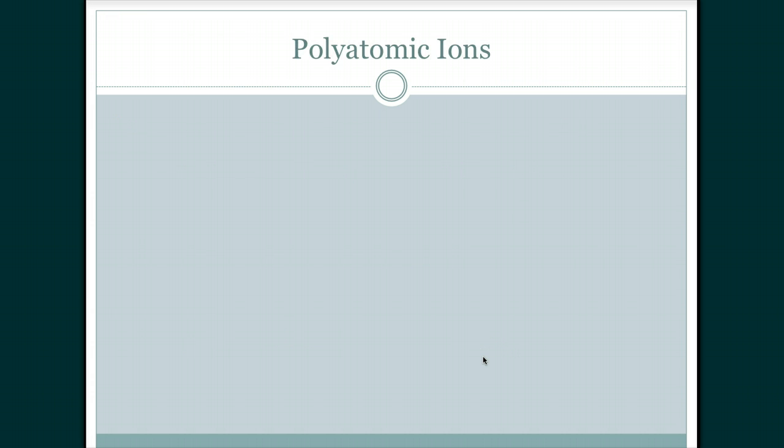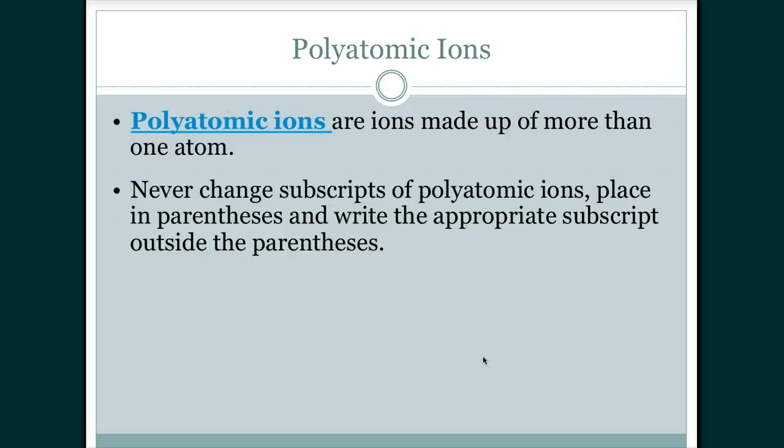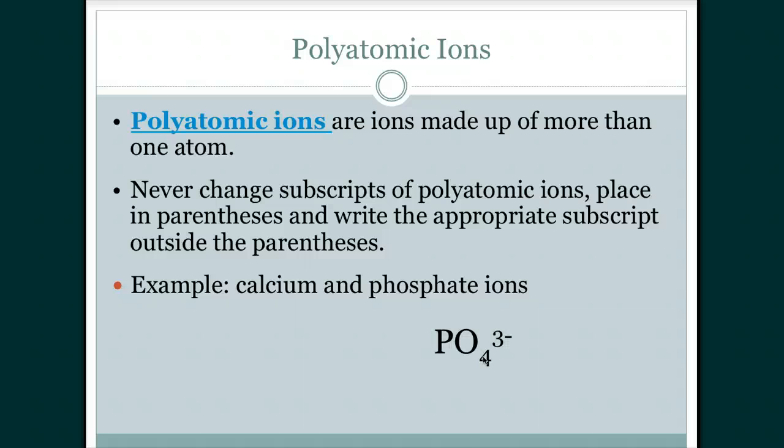If we have polyatomic ions, we have 2 ions, and one of them is already not just one atom. For example, phosphate, and in the periodic table that we use in class, you can look up what phosphate looks like, and it also will give you the charge on it because it's an ion.